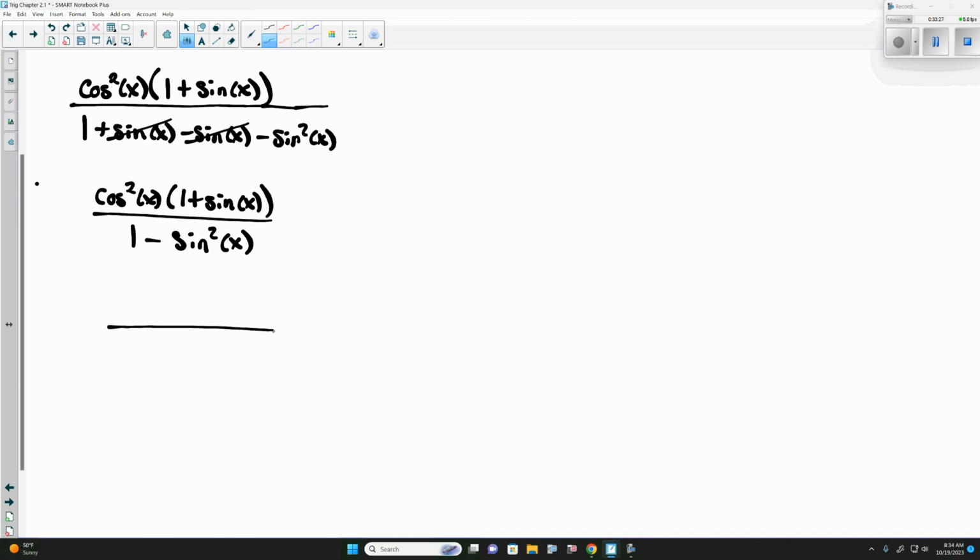And just like the last one, 1 minus sine squared of x is the same as cosine squared of x, yes? Oh, wait a minute.